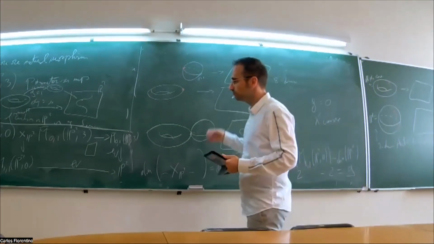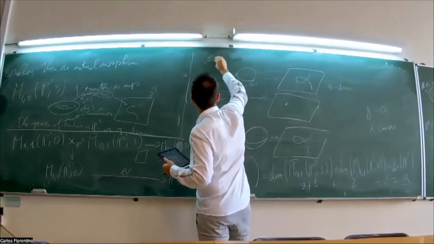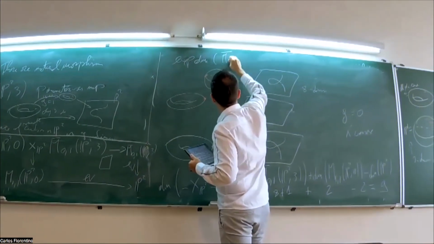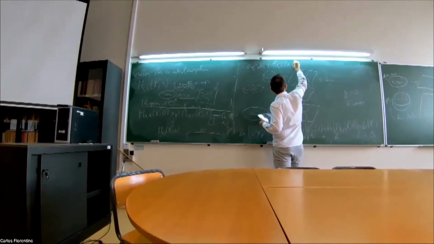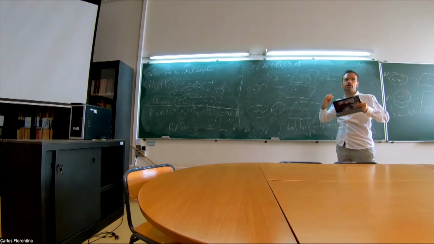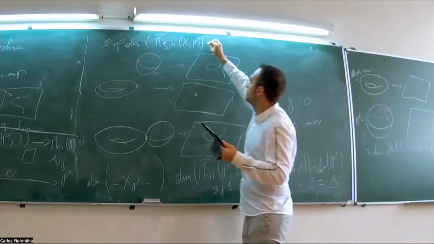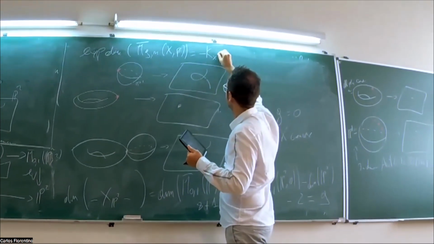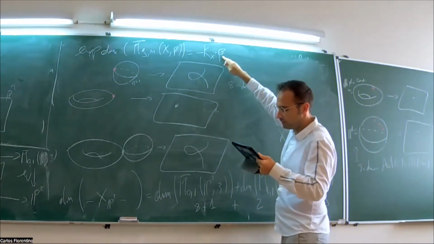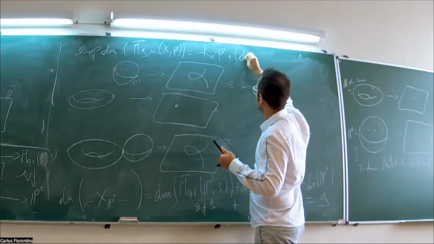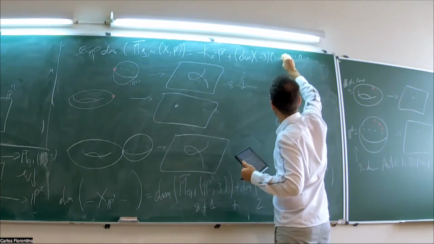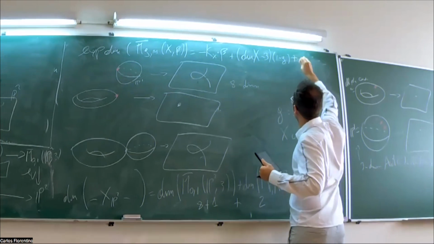The expected dimension of M-bar_{g,n}(X, beta) is what it will be if everything works, but it's not always that. It is minus K_X times beta, the canonical divisor of X intersected with beta, plus (dimension of X minus 3) times (1 minus g) plus n.